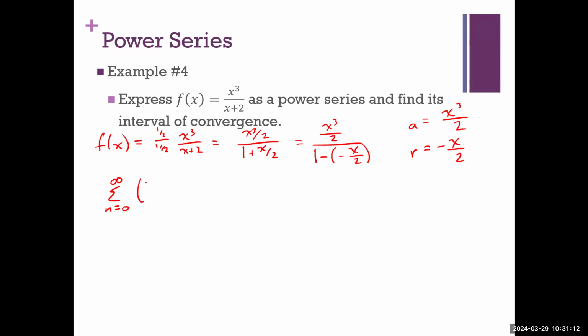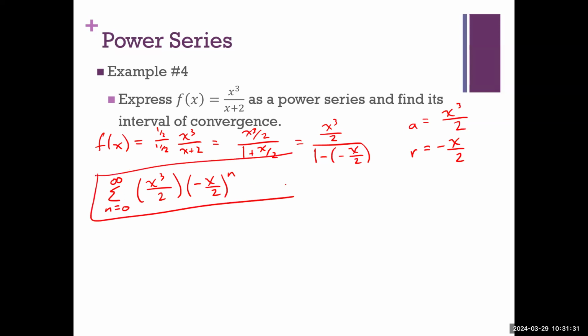Yeah, so we said a times r to the n was always going to work for us. If that's true, then this should be the power series, right? What's the difference between this thing and the thing we just looked at? Starting value, right?